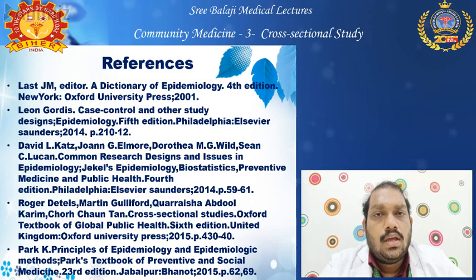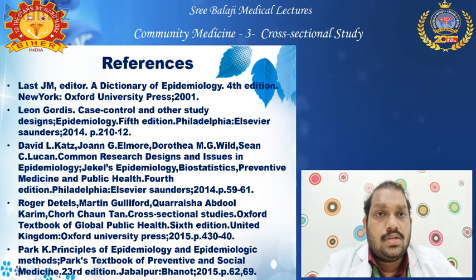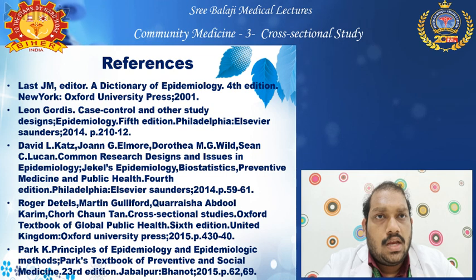To summarize, cross-sectional studies are an important study design which gives us valuable information regarding the prevalence of disease in a community. It helps us to understand what causes a disease. It helps us to find an association between a risk factor or an agent with the disease or the outcome.